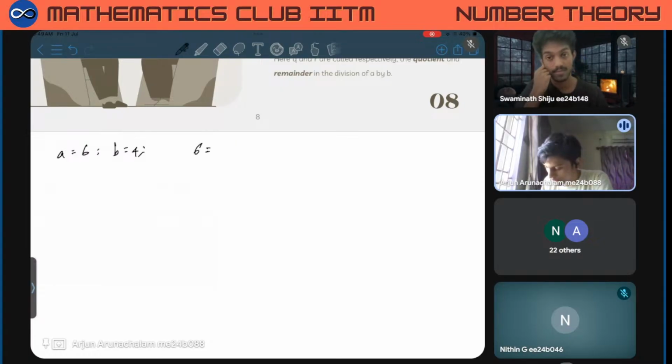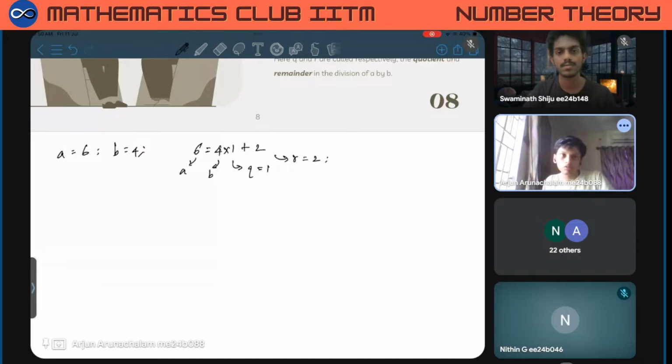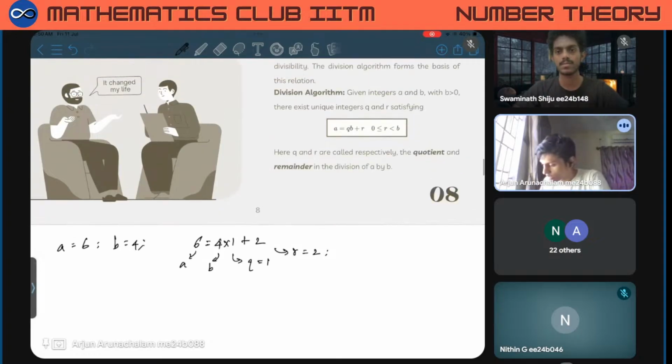You write 6 is equal to 4 into 1 plus 2. So your a is 6, your b is 4, and q is equal to 1, and r is equal to 2. You can note that you can't write 6 in terms of 4 in any other way, also under the condition that 0 less than or equal to r less than b.